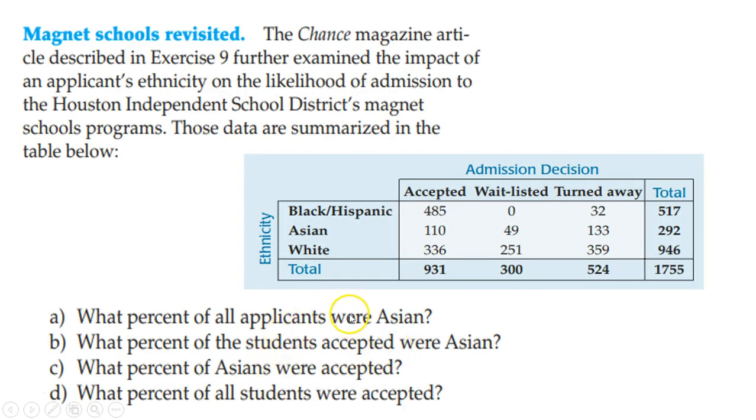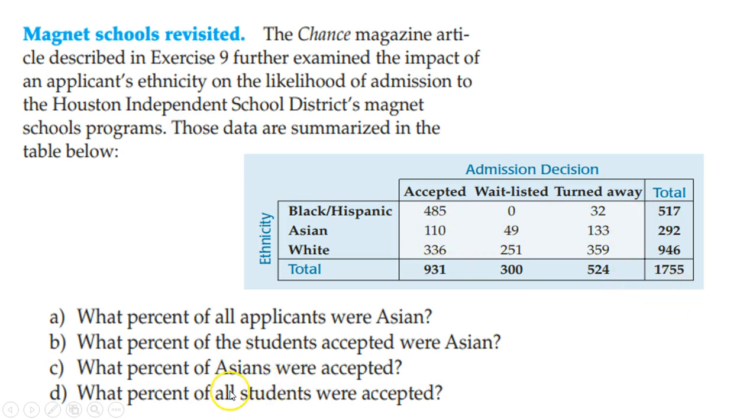What percent of all applicants were Asian? Well, there's all applicants. How many were Asian? Right there, I can see. What percent of the students accepted were Asian? Well, there's accepted Asian students. So, trying to figure out now, and that's the question, how do I know the difference between, do I take it out of just this or this?